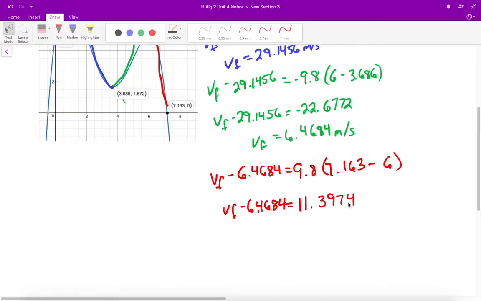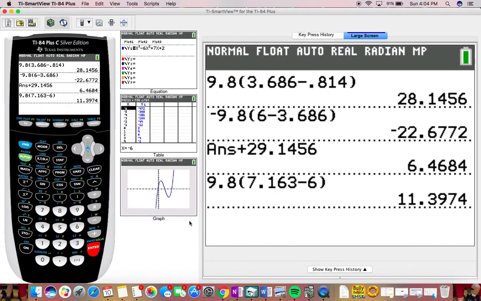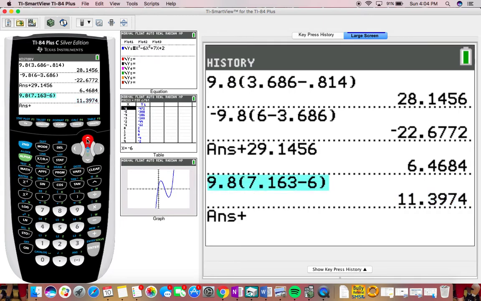And then the last step here to find your final velocity, and this will be for the end of the ride now, is again to just add over that initial velocity. So add that 6.4684. We're adding that value up here.